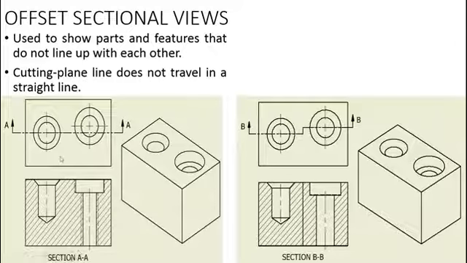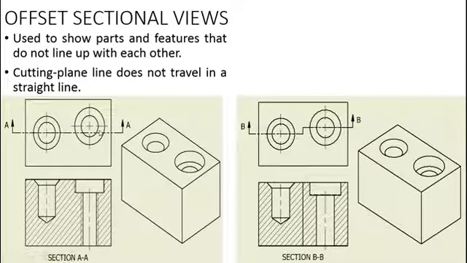The drawing is in third angle orthographic projection. If you look at the two circles, the one on the left and the one on the right, they are not aligned to each other, which means that the centers of those circles are not on a straight line.